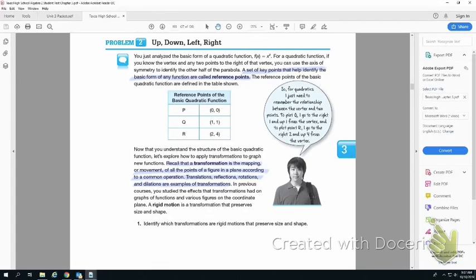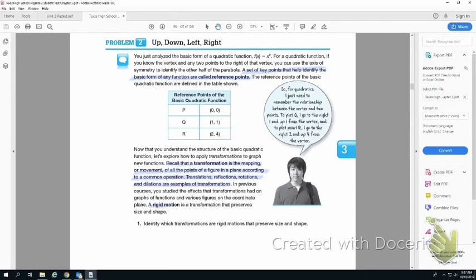That's just a very wordy way of saying, hey, the graph is moving around the coordinates. You have what is considered a rigid motion. It's a certain kind of transformation as well.